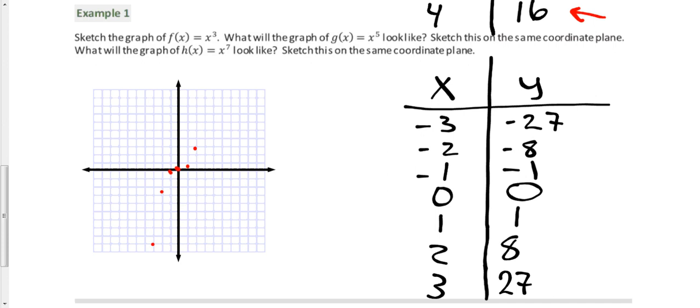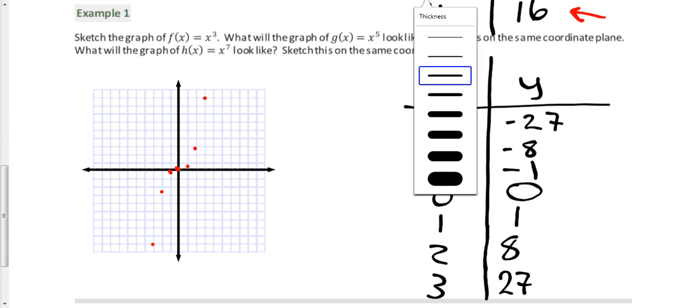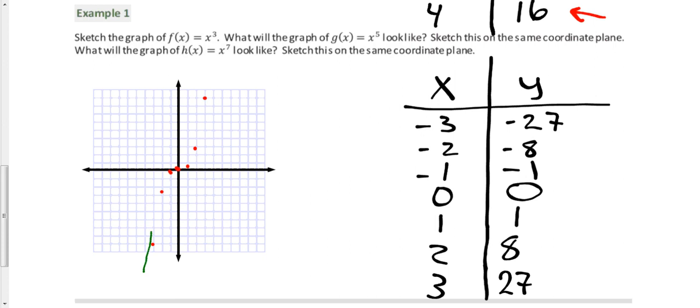Positive 3 goes all the way up to positive 27. Yeah, it does look like a slithery snake. Now, in a very gentle curve, I'm going to connect these dots. Nice! That's an awful curve, but you get the general idea.